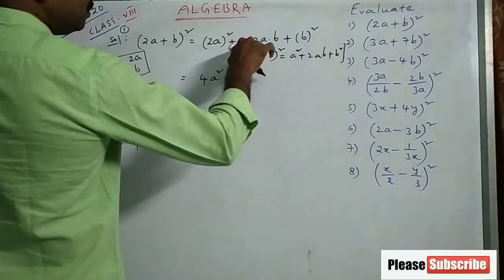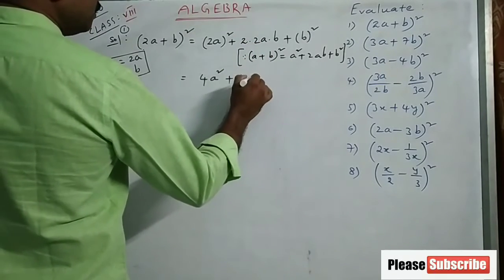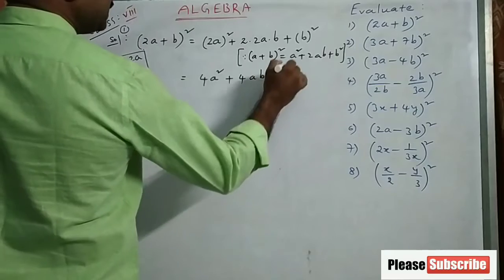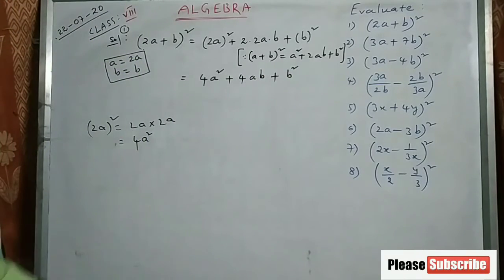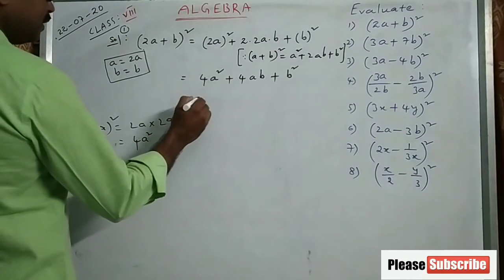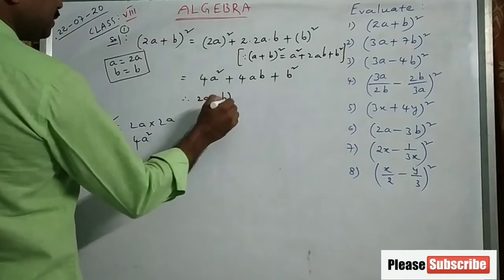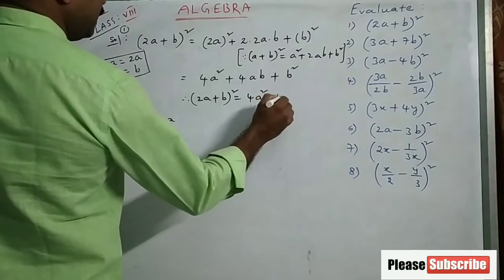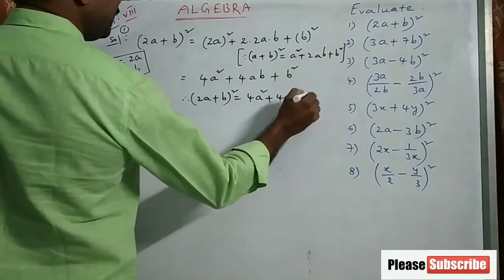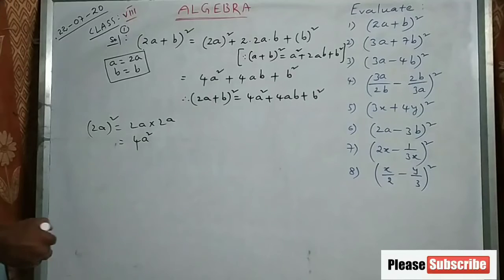Plus 2 2s are 4, ab, plus b square. You cannot simplify further, so that is the final answer. Therefore, (2a plus b) whole square equals 4a square plus 4ab plus b square. Clear? That is the first solution.